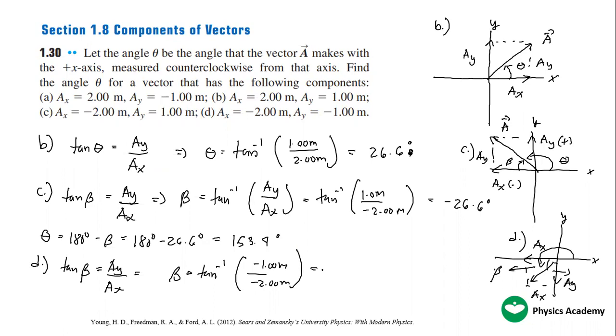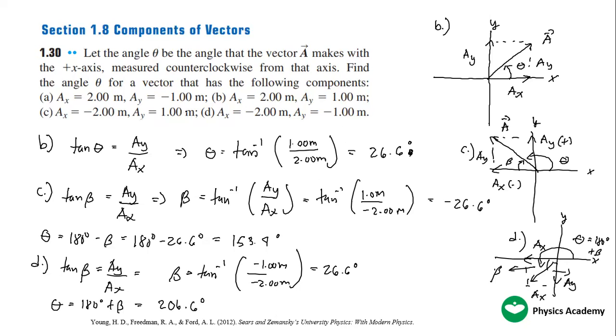It gives us 26.6 degrees. And we can find that this theta is equal to 180 degrees plus this beta. So we have 180 plus 26.6, which is 206.6 degrees. So those are our answers.